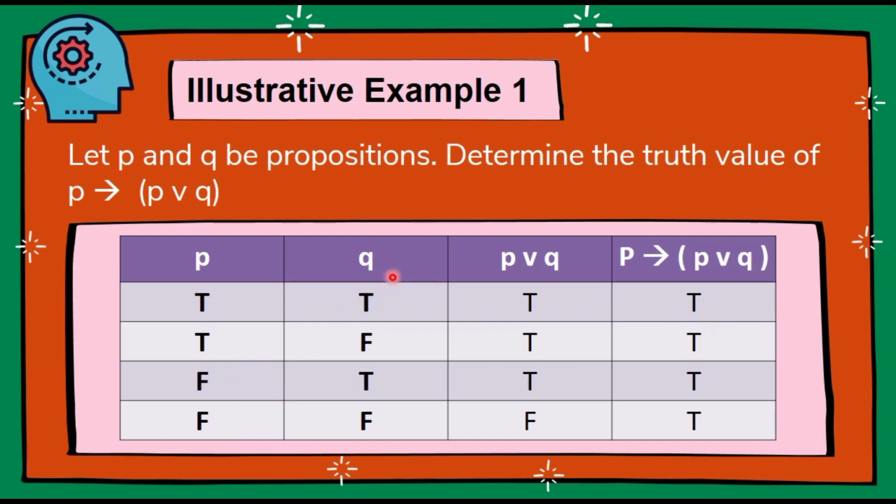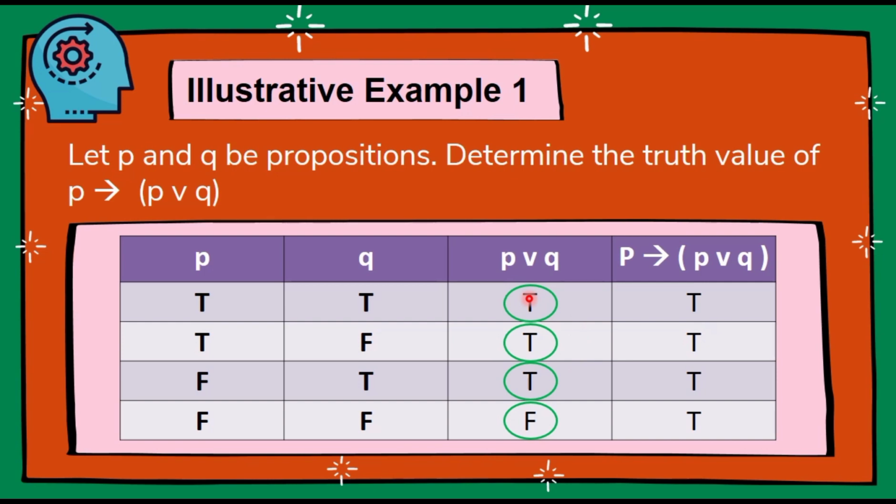For proposition Q, it's true, false, true, false. And this column, P or Q, is a disjunction. So based on our previous slide, the truth value for disjunction P or Q is true, true, true, false.